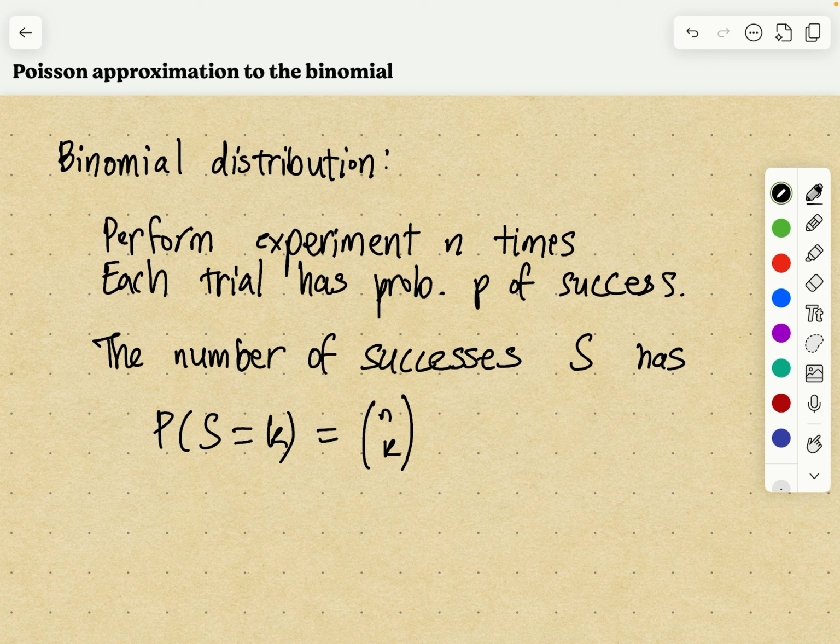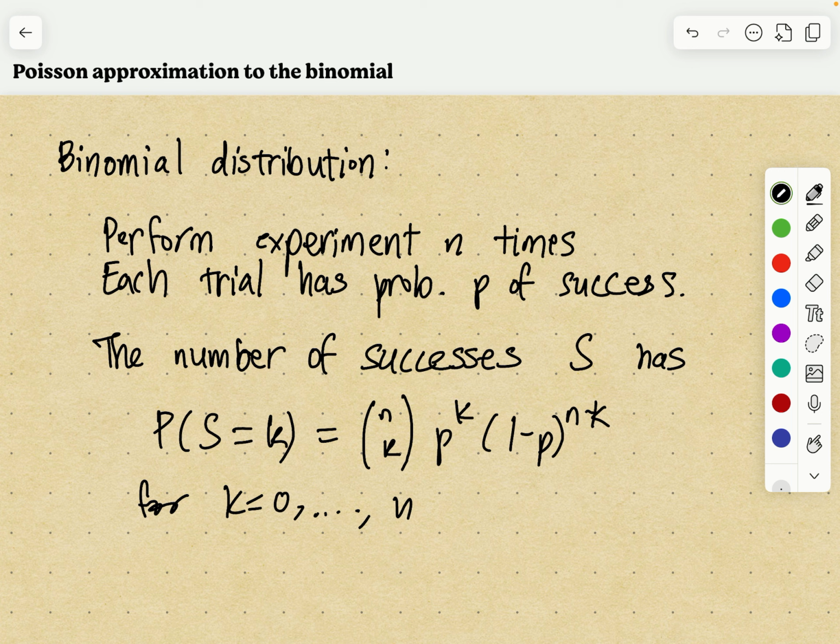And then for each of those n choose k possibilities, you have k successes and n minus k failures. Each trial has probability p of success, so the probability of those k successes is p to the k, and the probability of those n minus k failures is 1 minus p to the n minus k. So this is for k from 0 to n.